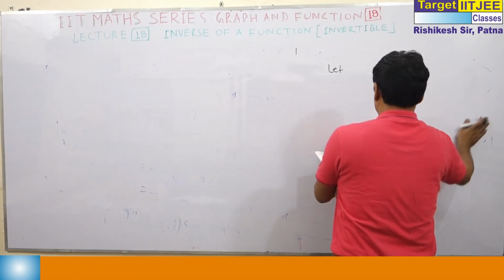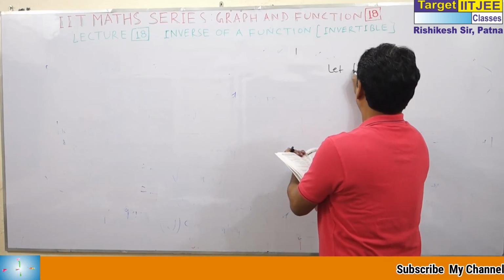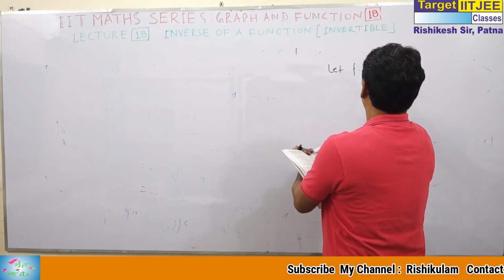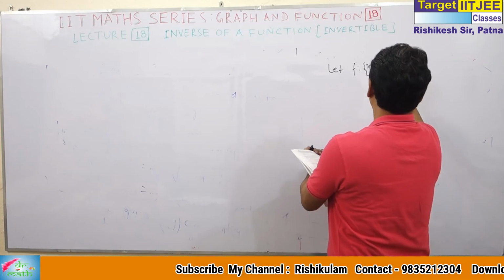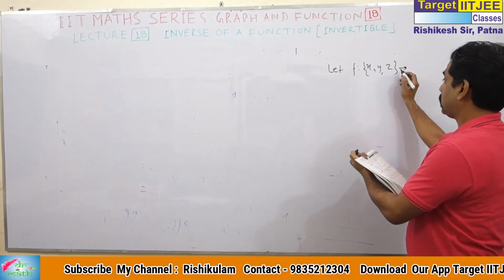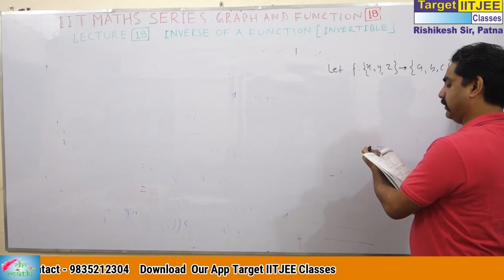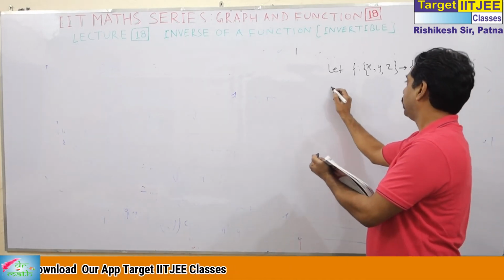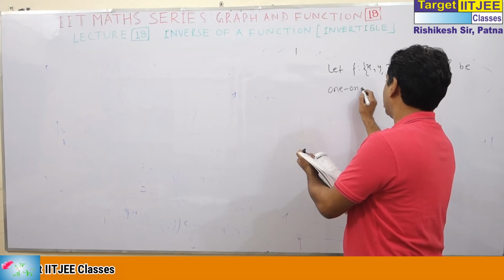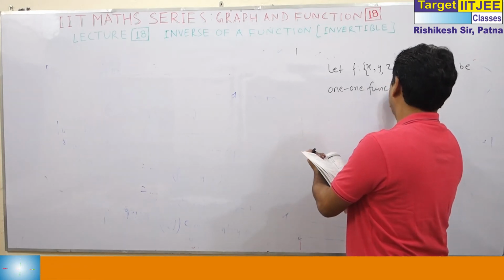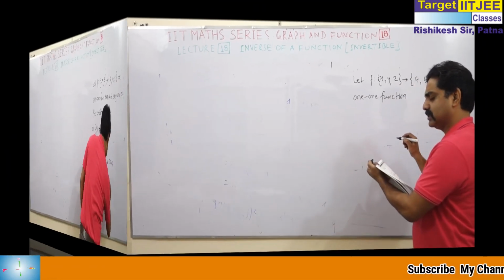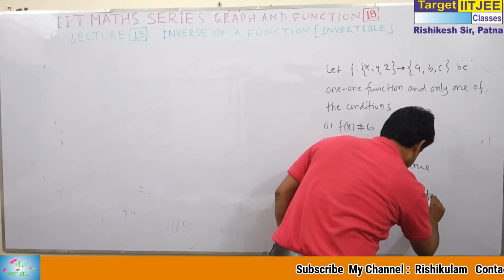Let f from domain x, y, z, discrete elements, to range or codomain a, b, c, be a one-one function. Actually this is the codomain, but in this case this is also the range. Then find the function f.